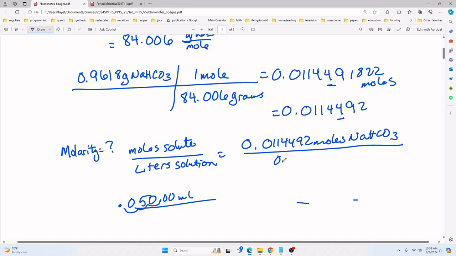That gives us 0.05000 liters. So when we divide 0.011449 by 0.05, we get 0.2290 molar. So that's how we perform the calculations for our lab.